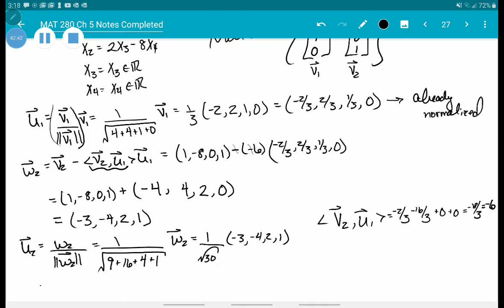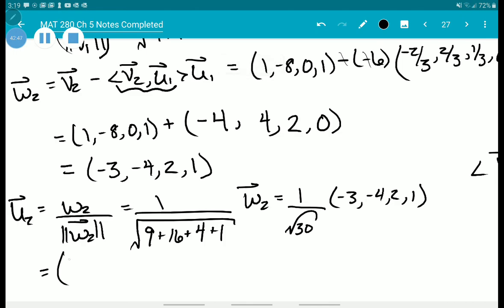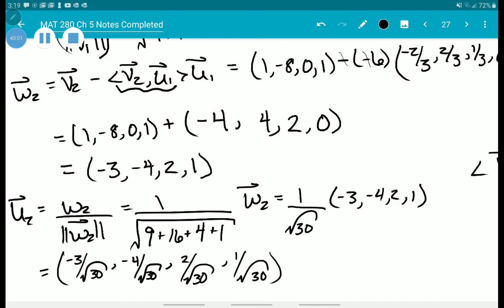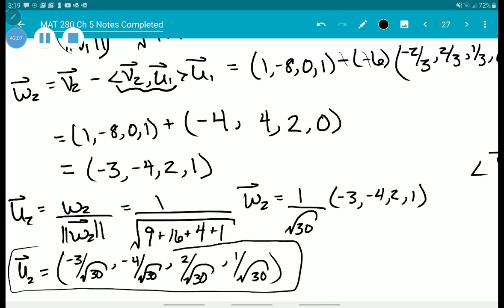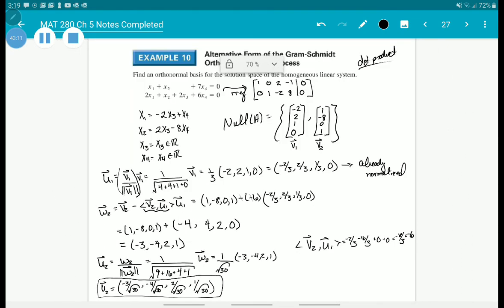So then our U2 is negative 3 over square root of 30, negative 4 over square root of 30, 2 over square root of 30, and 1 over square root of 30. So there's our final answer.